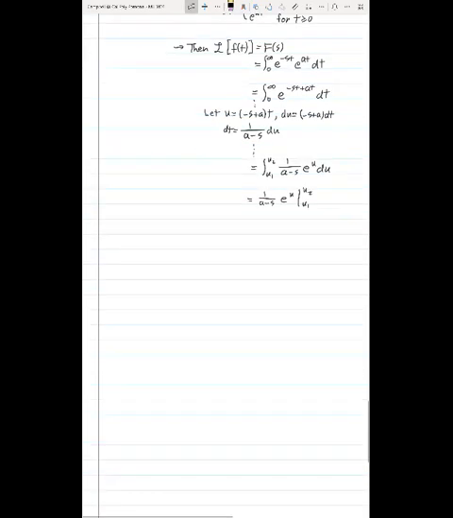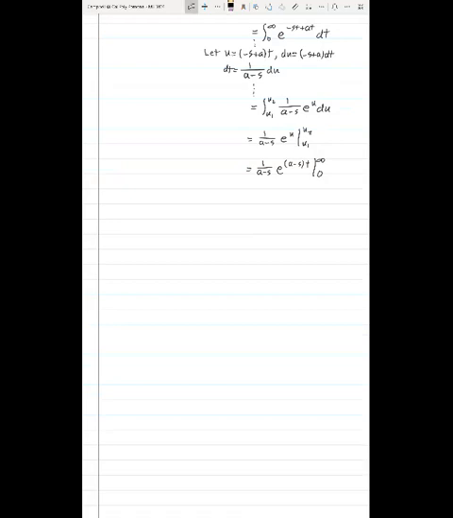Now, going ahead and transforming back and bringing our t's back into play, this is clearly going to be equal to, so that's not going to affect the constant out in front, so we're going to get an e to the a minus s times t evaluated from 0 to infinity.